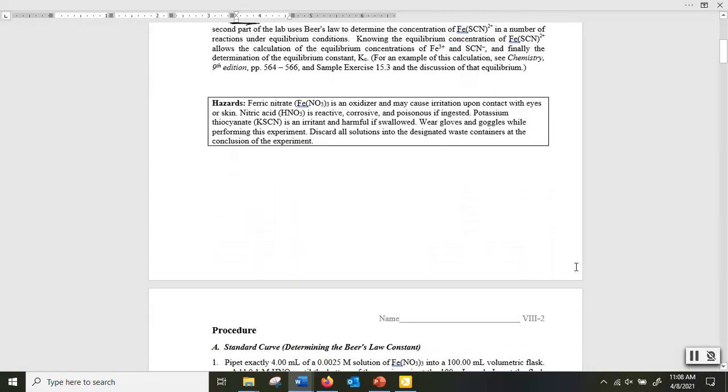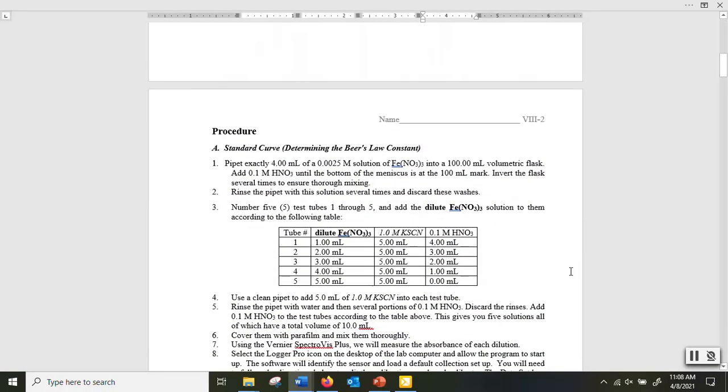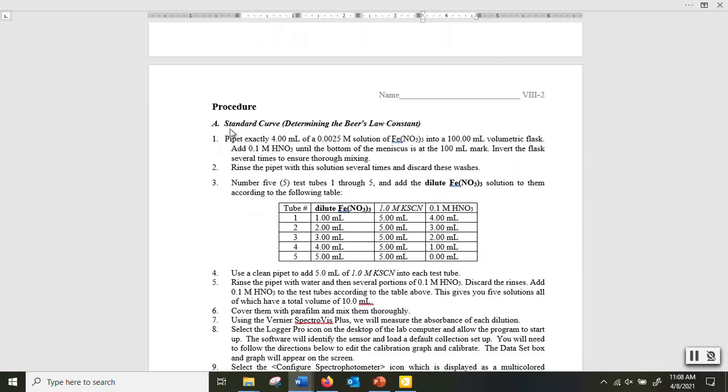Okay, so let's take a look at what we're going to be doing. Again, we're going to be doing the standard curve first. And in order to do this, we're going to have to make up exact concentrations. Now, this is going to be kind of interesting because we're going to be using something I think you've seen before, Le Chatelier's principle.